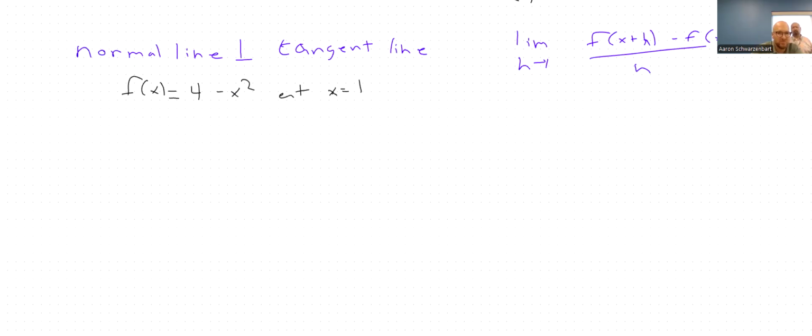I forgot my 0 on my formula. Four minus, the little trick here is I have to plug in 1 minus h for the x. And I must also use parentheses around the f of x.